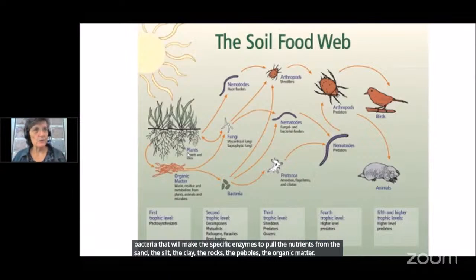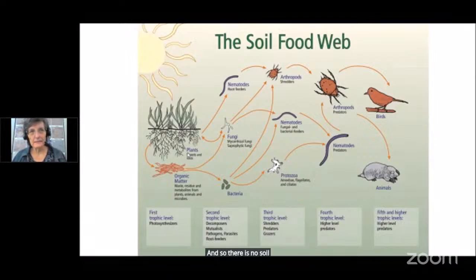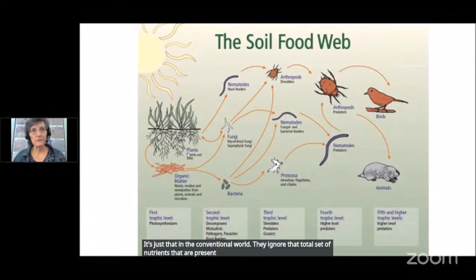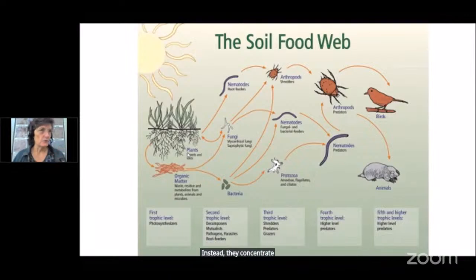And so there is no soil on this planet that lacks the nutrients to grow plants. It's just that in the conventional world, they ignore that total set of nutrients that are present in plant-unavailable forms. Instead, they concentrate just on the soluble nutrients.